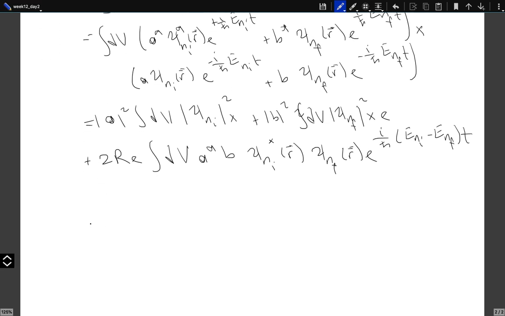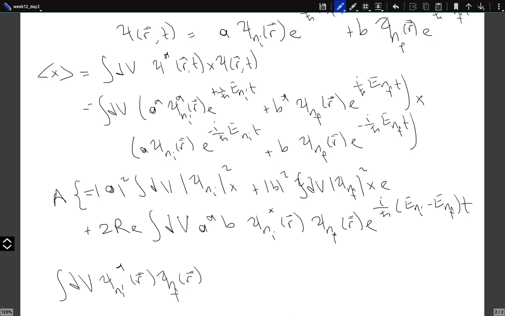Well, let me just make some definitions. Let me call all of the first line, which is just a time-independent constant, A. Yeah, I'm multiplying this term with this term, plus this term with this term, but the product of the second pair is just the complex conjugate of the product of the first two.